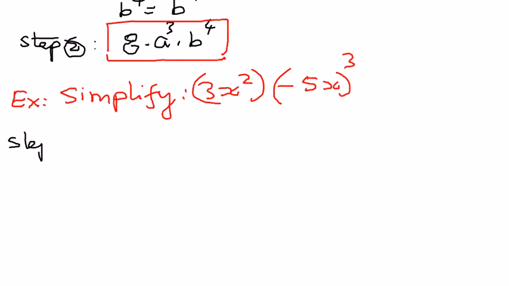So the exponential rule we want to use here is: if we have two exponents, like a to the power of m and a to the power of n, we write the base term once and then we add the powers, like that. And therefore in here as the first step we're going to multiply the coefficient terms.